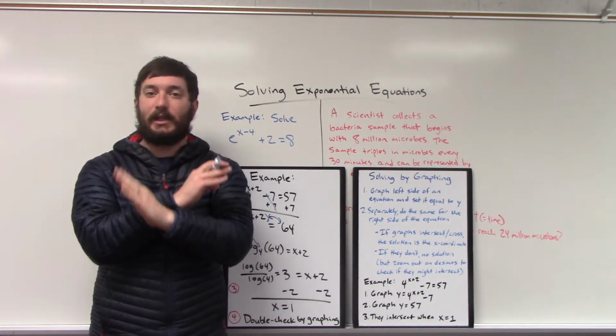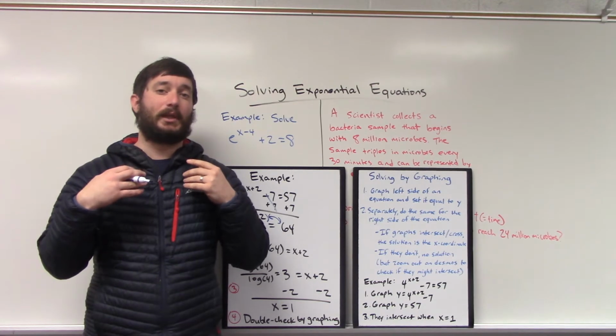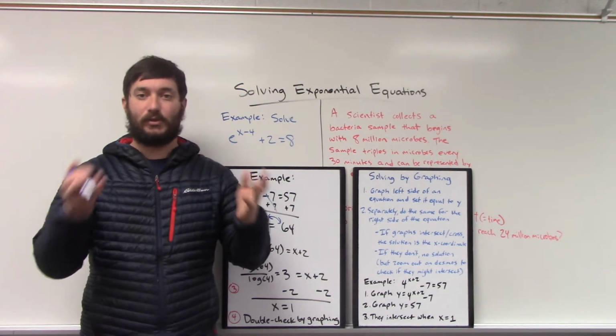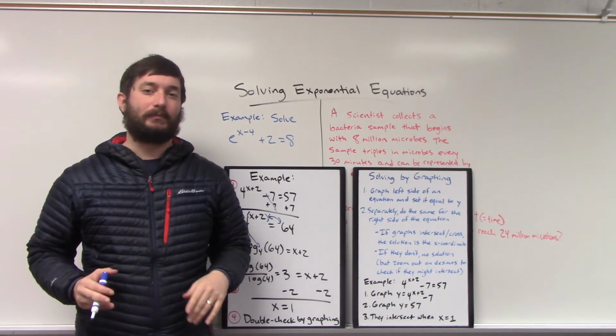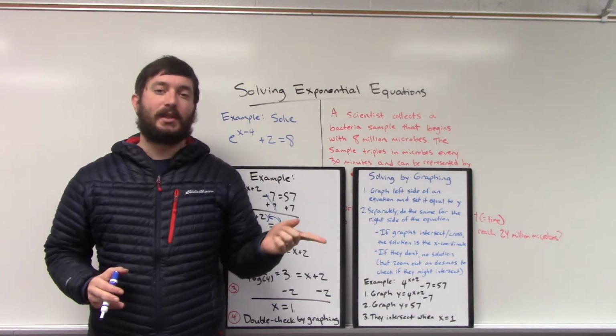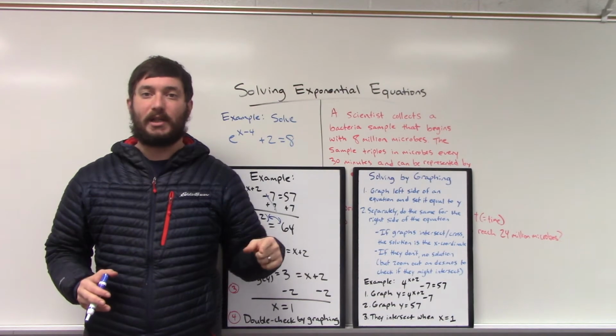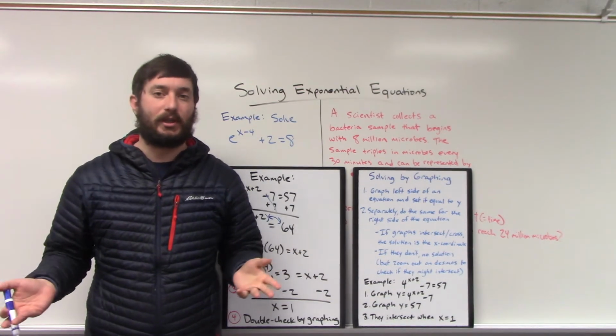Now we have to be careful here. Sometimes you have to zoom out to see whether they really do or don't. But if you zoom out and they do cross somewhere, that x-coordinate will be a solution. Versus if they don't intersect or they don't cross, then there's no solution to the equation.